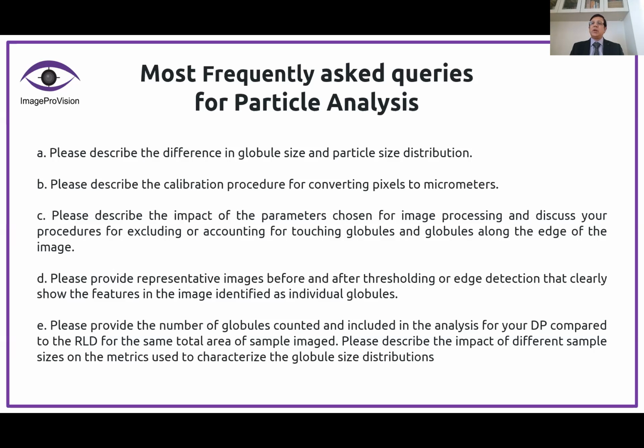So when you are giving the analysis for globules and particles, US FDA or any FDA would be interested in how you are doing this differentiation of particles and then reporting the particle size distribution differently. So whether your system is capable of giving those answers is one of the important aspects.